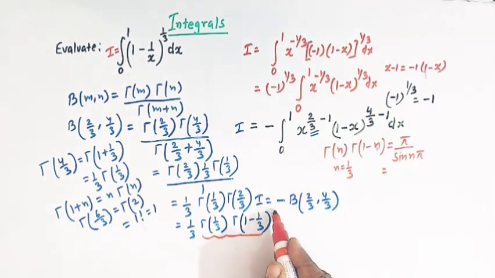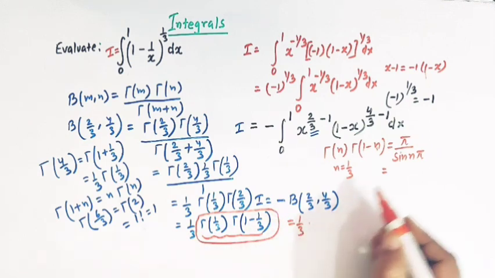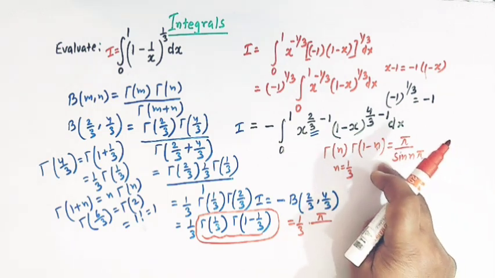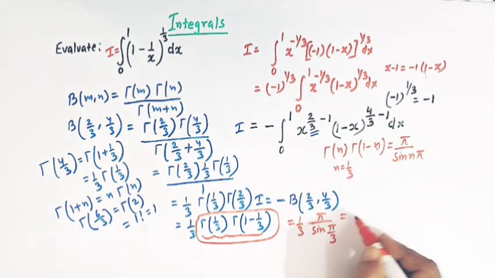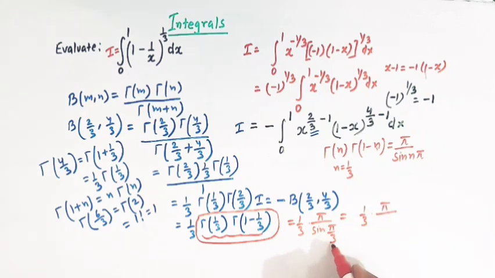So this is gamma n times gamma of 1 minus n, with n as 1 over 3. So the value of this expression can now be written as pi over sine n pi. N is 1 over 3, so this is pi over 3, so this is 1 over 3 times pi divided by sine pi by 3.